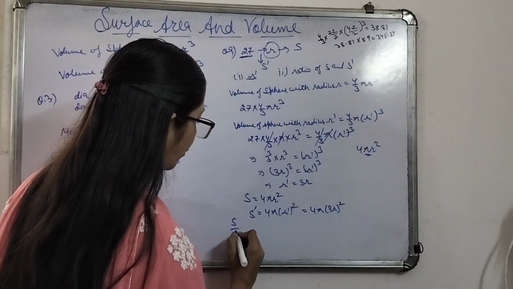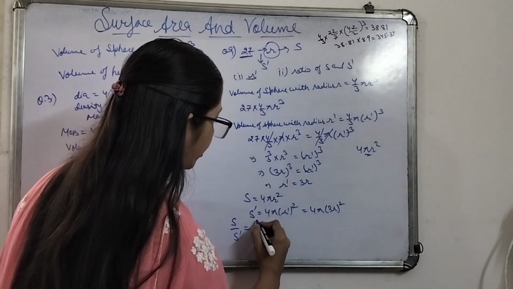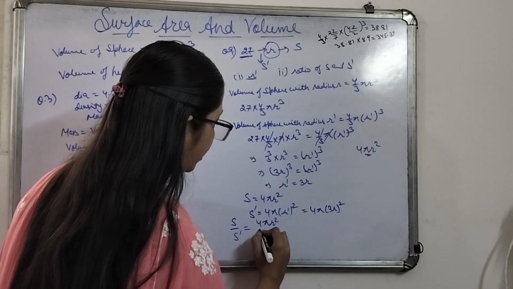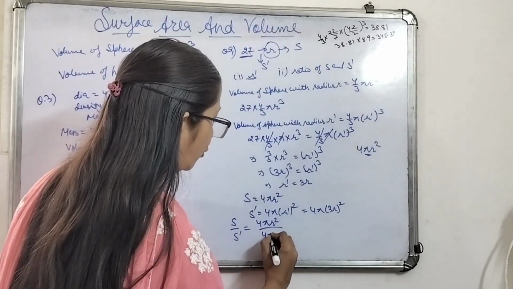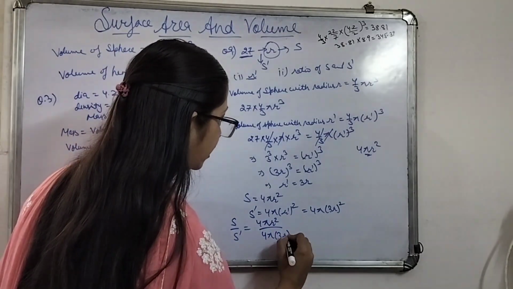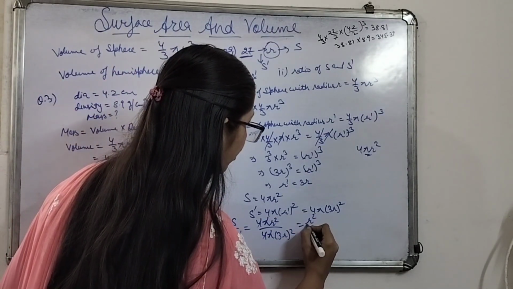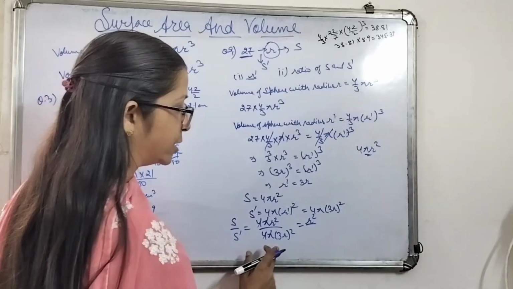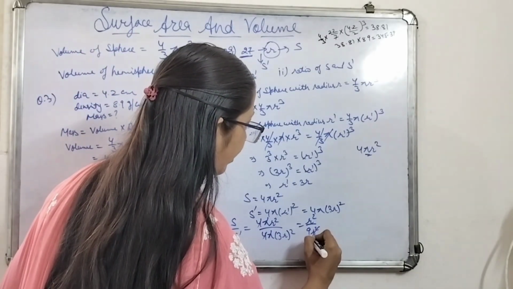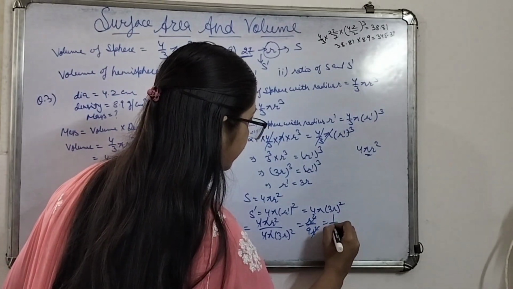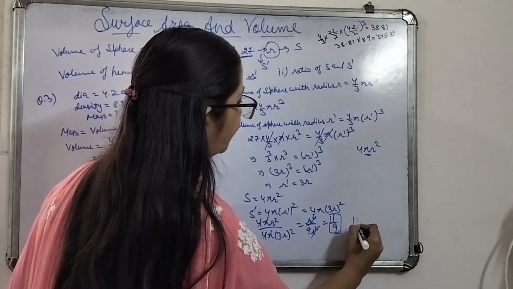So s over s dash, s is 4 pi r square and s dash is 4 pi 3r square. 4 cancelled, pi cancelled, it will be r square over 3r whole square, which is 9r square. 9r square, r square cancelled, the ratio will be 1:9.